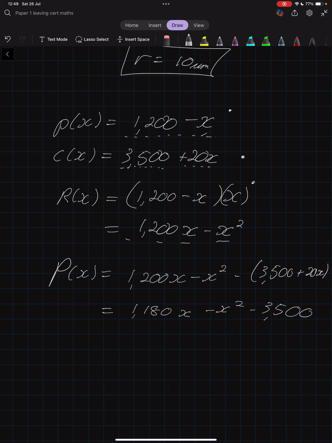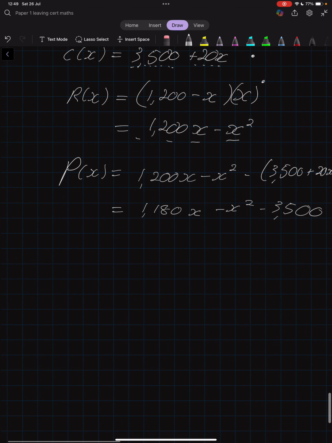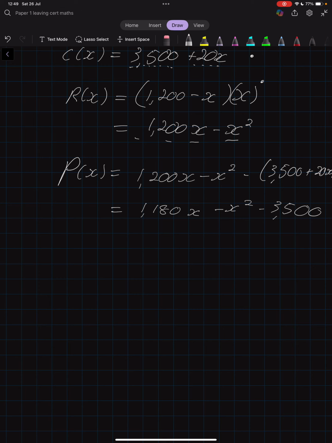Okay, and then they say, how many units must the company produce and sell in order to maximize the profit? So if they want to maximize the profit, what does X have to be? So again, maximize, differentiate. If I differentiate this, I get 1180 minus 2x. And again, you want minimum maximums, so you equal it to 0.